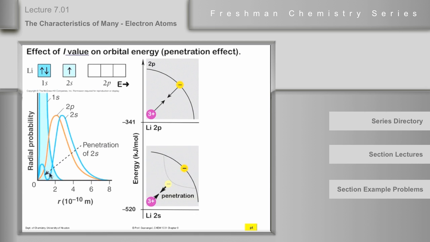Okay? This is a representation of the radial distribution function for the lithium atom. And this big blue area in here is the pair of electrons in the 1s. Those guys right there. Okay, they're in there close to the nucleus. Then here are the distribution functions for the 2p in orange and the 2s in blue.